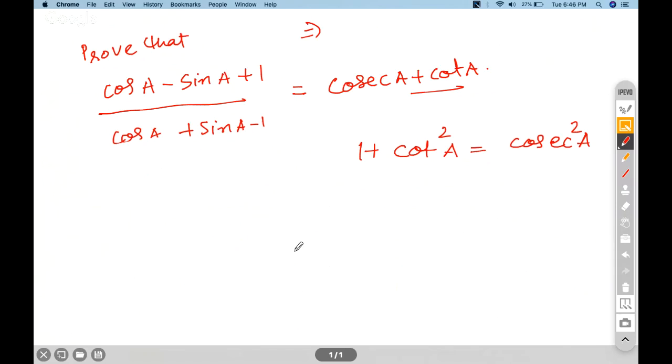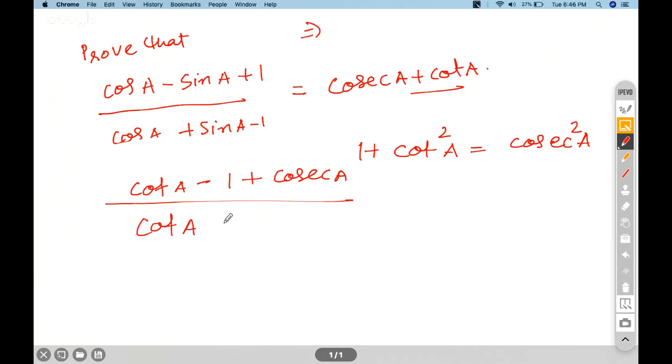So you need to convert it into cot and cosec. And how do you convert it into cot and cosec? So divide everything by sine A. So this gives me cos A by sine A is cot A minus 1 plus cosec A. And you divide this, you get cot A plus 1 minus cosec A.